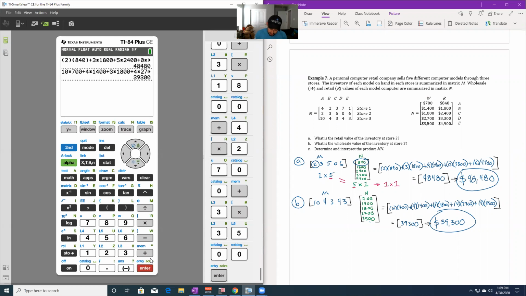To start with, matrix M is 3 rows and 5 columns. Matrix N is 5 rows, 2 columns.